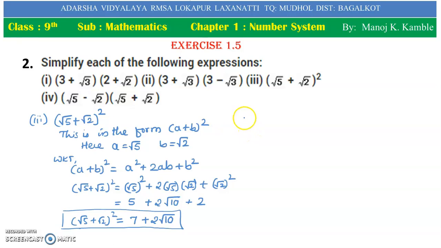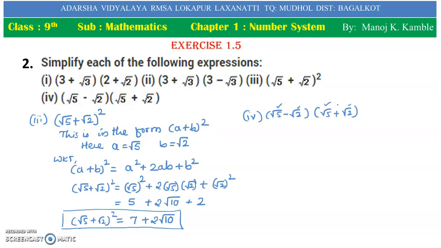And now comes Roman 4 here. I will write next to it root 5 minus root 2 into root 5 plus root 2. Check it out. Here the first number is root 5 and here also the first number root 5. Next the second number root 2, second number root 2. So now we clarify that this is a plus b into a minus b.